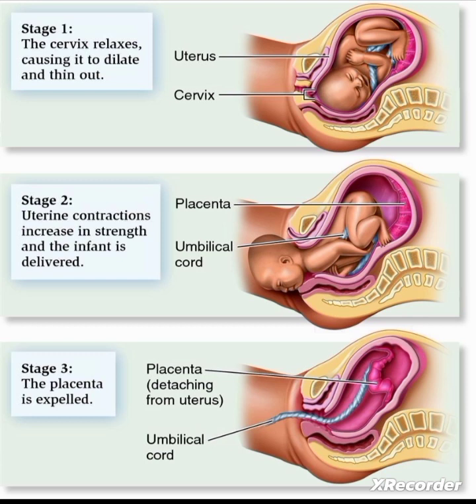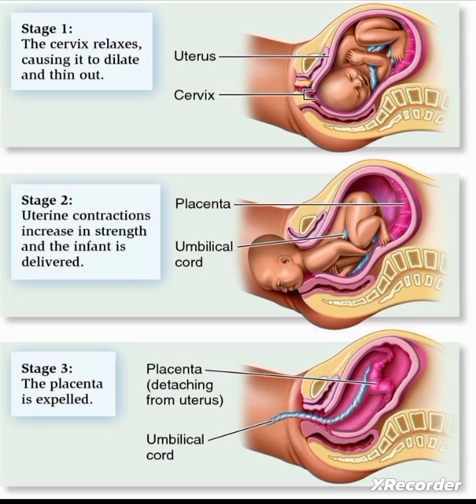Propulsive phase means it starts from full dilation up to the descent of the presenting part to the pelvic floor. Expulsive phase is distinguished by maternal bearing down efforts and ends with delivery of the baby.